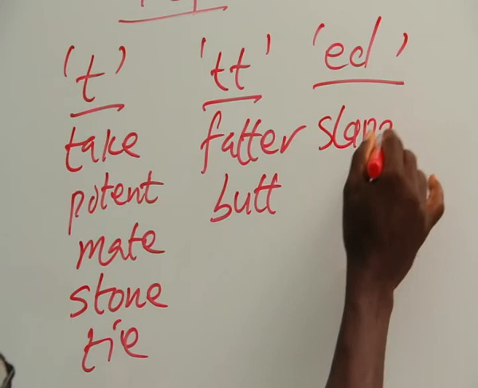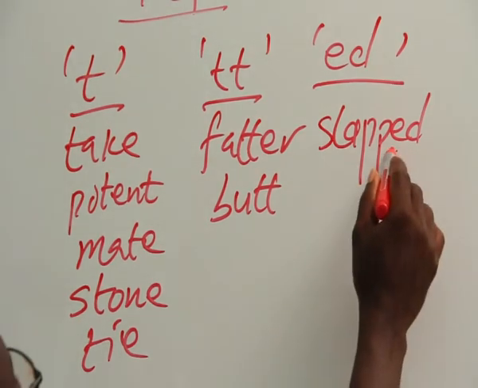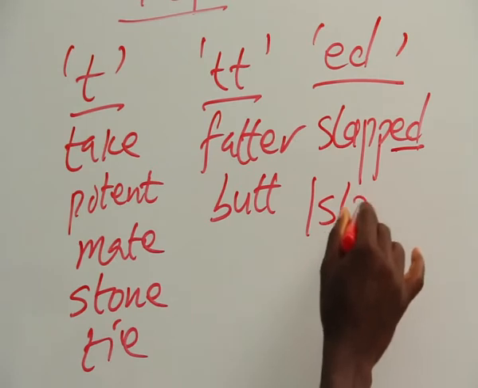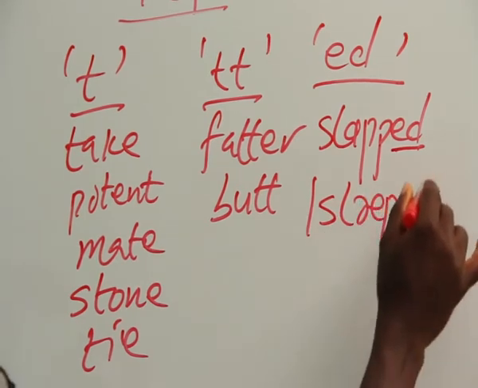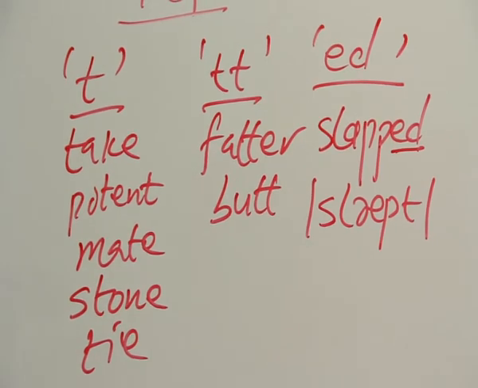In the word slapped, the ED here changes to, let's transcribe that, slapped. This is what you have in pronunciation, changes to t, okay? And then we can have other examples in addition.